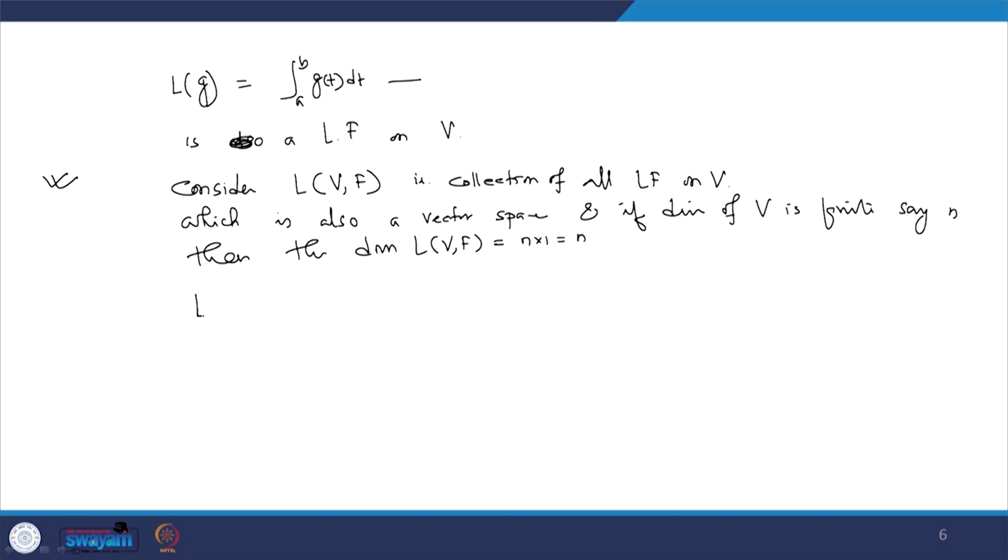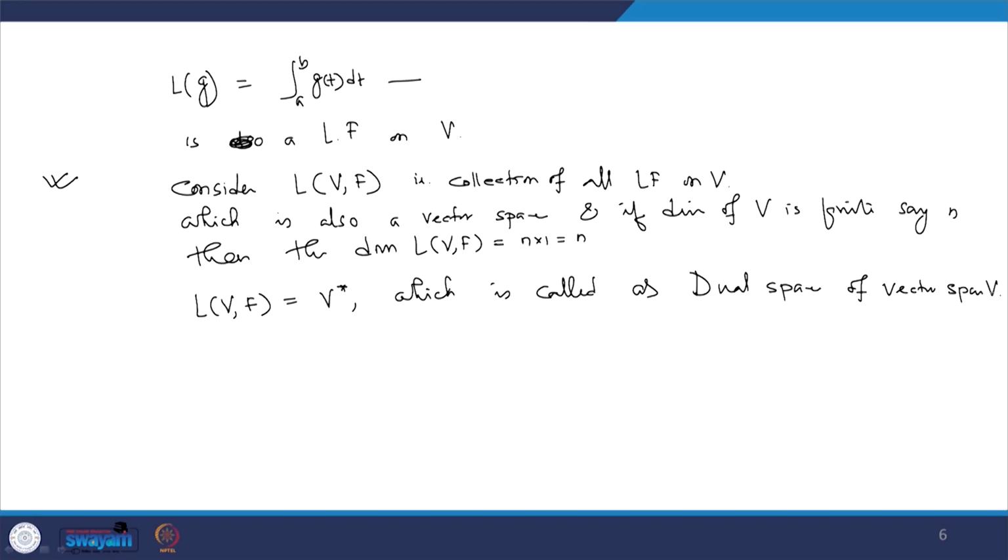In general, L(V, F) we denote as V star, which is called the dual space of the vector space capital V. I mean, V star is the dual of V.